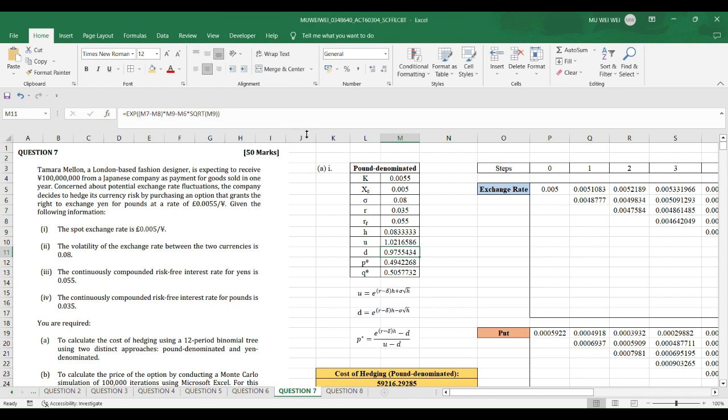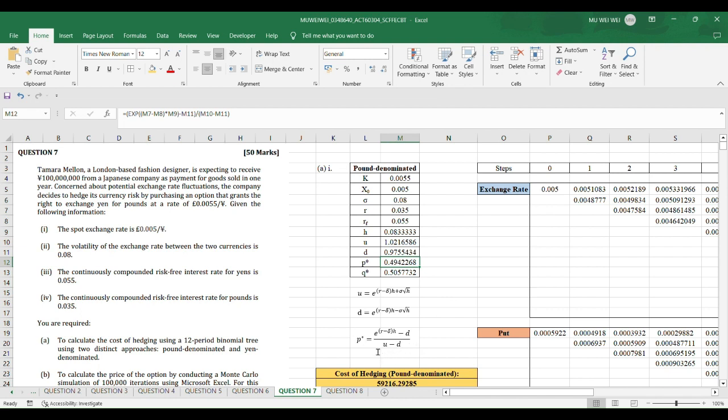So the D is exponential of R minus the foreign interest rate times H minus sigma times the square root of H. So the D is 0.9755434. Next, the risk-neutral probability up, P star, is given by the equation right here.